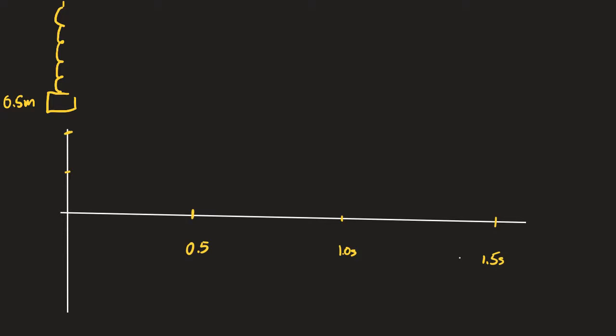And it makes it to its highest point at 0.5. And this is when it's 1 meter above the ground. And then at 1 second, it's, again, then at 1.5, it's back up here.